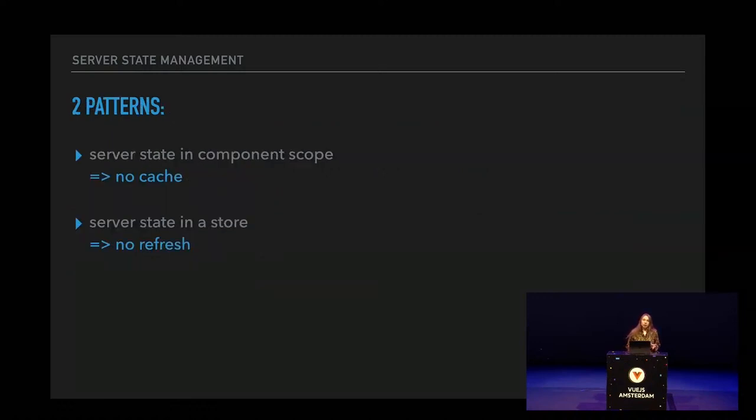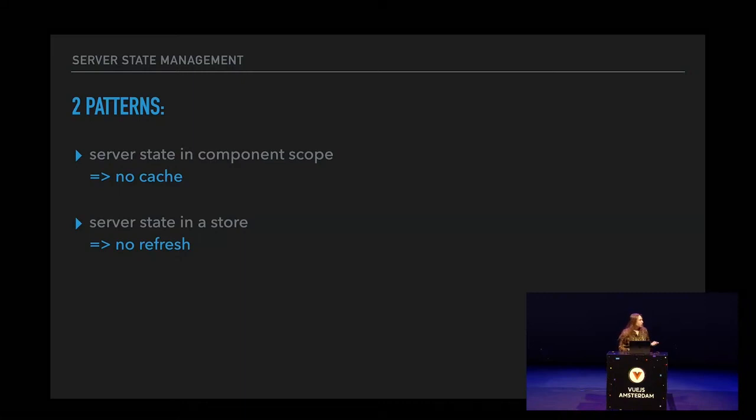So that's the reason why we, generally speaking, often end up with two patterns in our applications. The first one is to keep the server state in the component scope, which means I am mounting a component, I fetch the data, and then when the component is unmounted, the data will be deleted. So that's the first pattern.